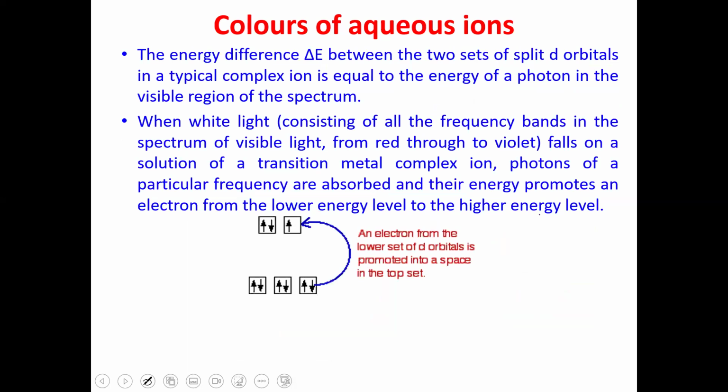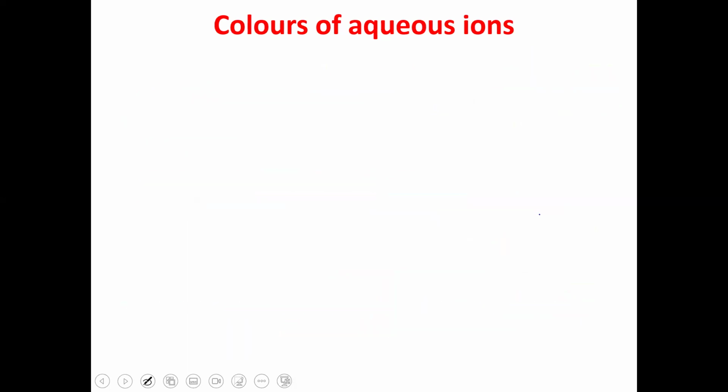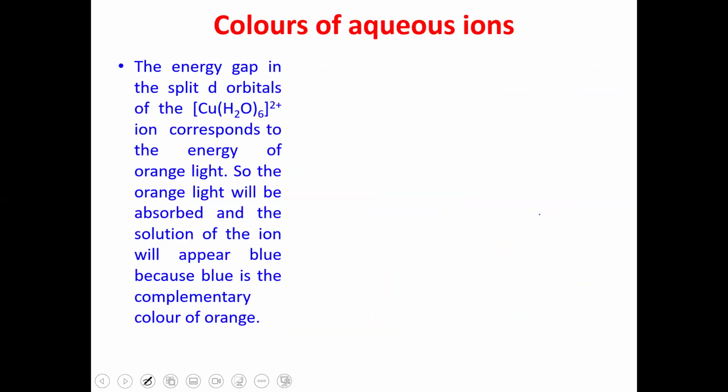Now this is the idea: a certain wavelength of light is absorbed, due to which a specific color appears in the transition metal ion solution. Now the energy gap in the split of the d orbitals of this ion corresponds to the energy of orange light.